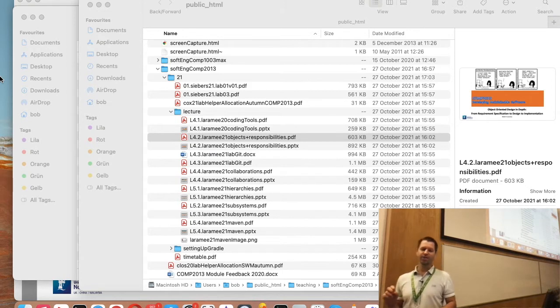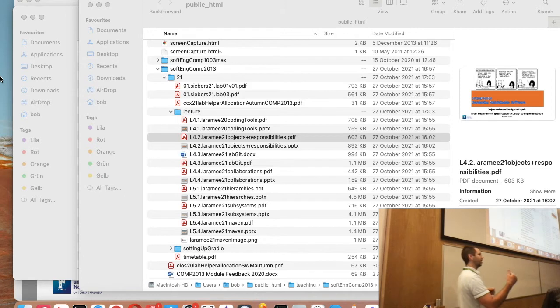I'm going to start with the beginning of object-oriented methodology, which is objects and responsibilities, and try to do a condensed version of that lecture that only requires one 50-minute session. That's what I was going to attempt today, rather than just going straight to the next topic, which is collaborations.